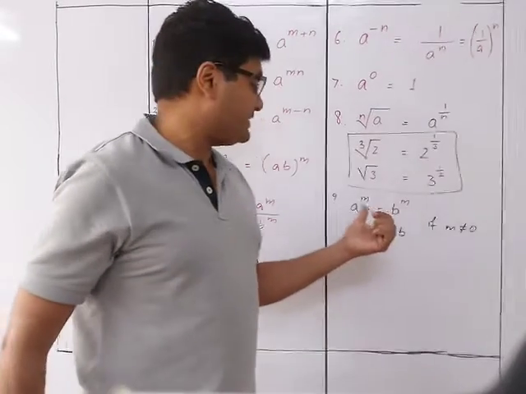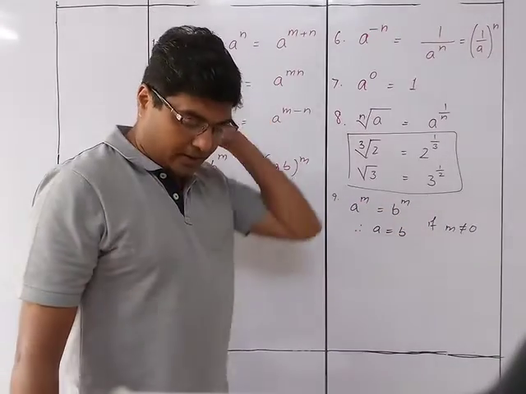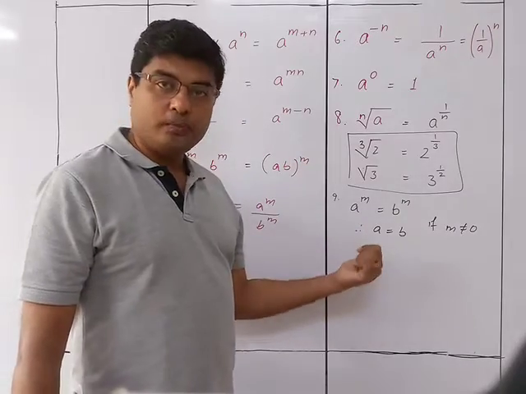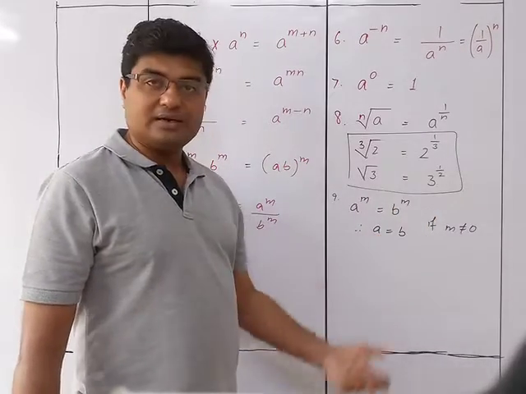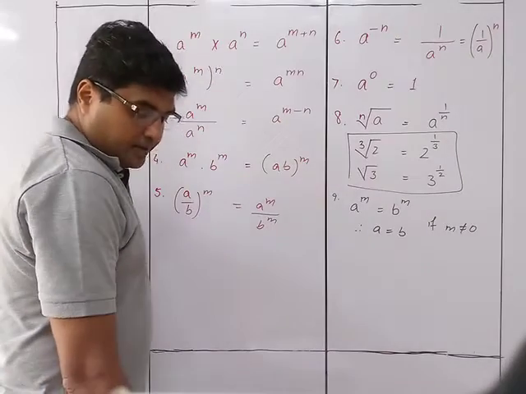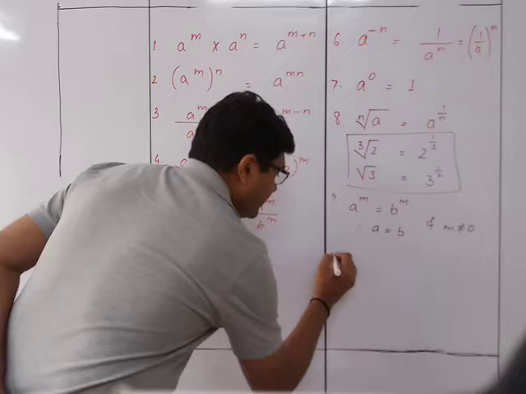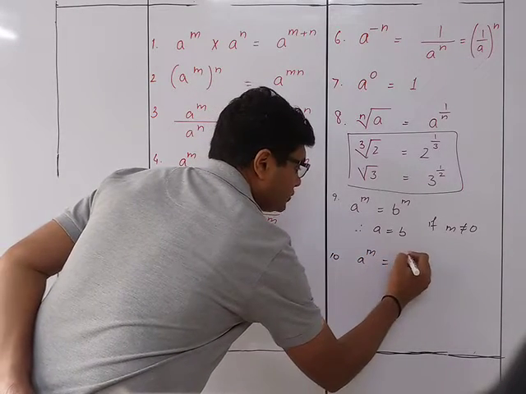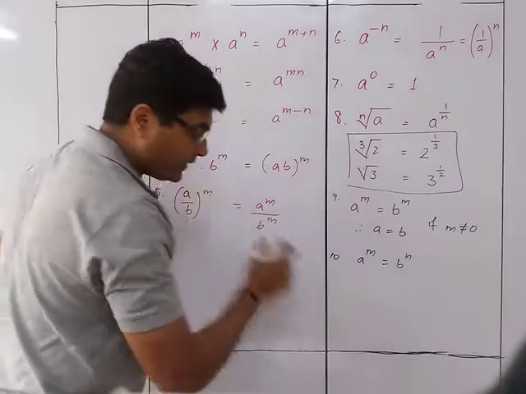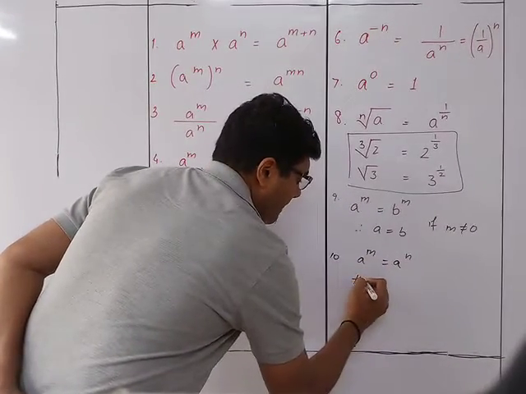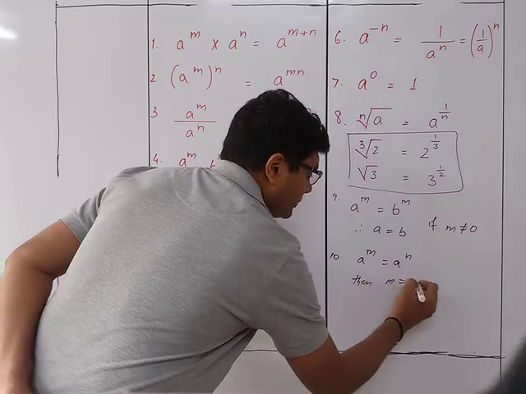But here, if I say that a, m and n are not equal to 0, then I will see that a is equal to b if these two are same. And in the same way, if a raised to m is equal to a raised to n, then m is equal to n.